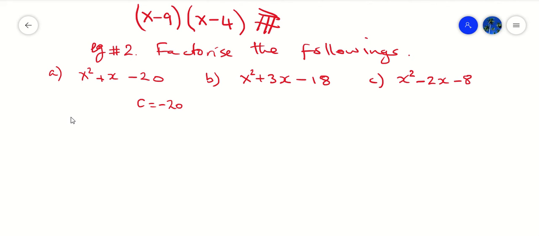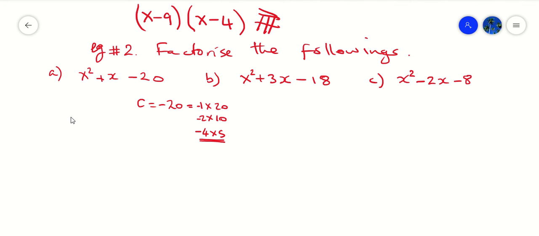Kwa hiyo factors za 20 ni 20 is equal to 1 times 20 itself, 2 times 10, lakini I'm just need the one which will give me positive 1. The same as one you can give it negative, the other is positive. Kwa hiyo also minus 4 times 5. Hii pia inanipa negative 20.